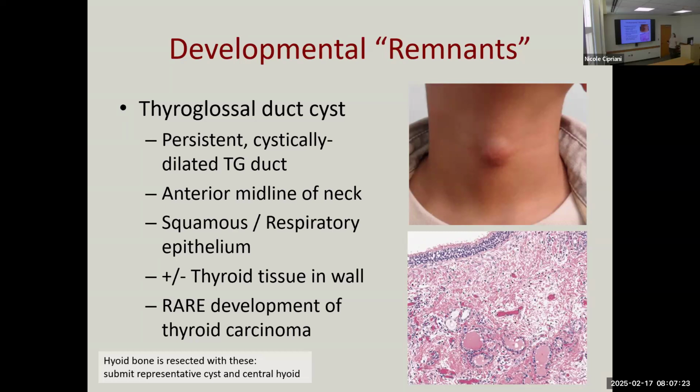They do a procedure for resecting these called the Sistrunk procedure. So if you see that, it's specifically for thyroglossal duct cyst, in which they take out the cyst, the tract of the cyst and the middle of the hyoid bone. And so you can submit some representative hyoid bone if you'd like, and sometimes we'll actually see thyroid cyst remnants in the hyoid bone.